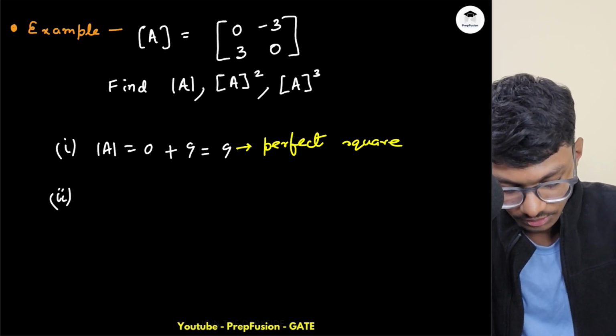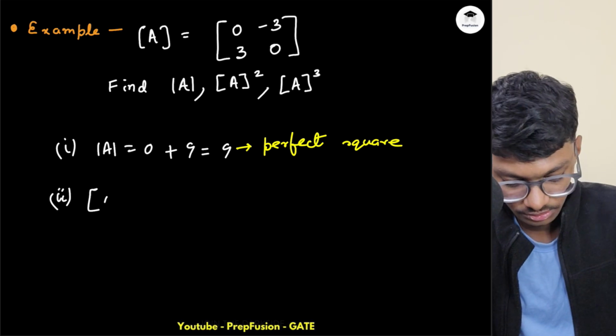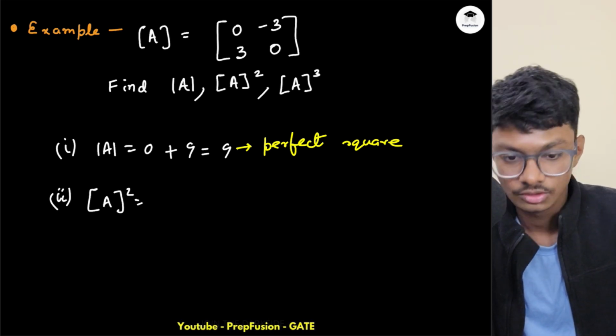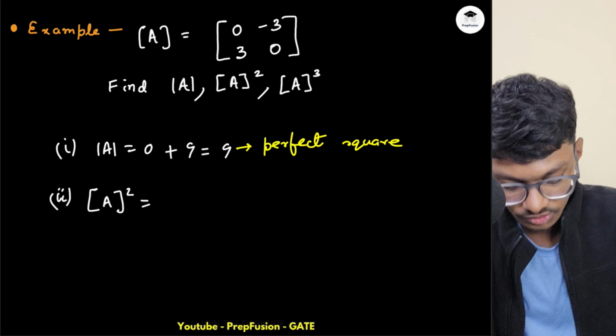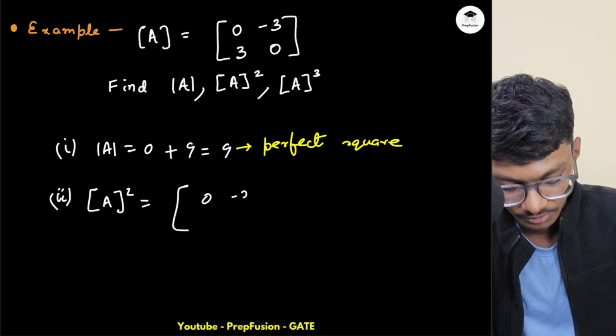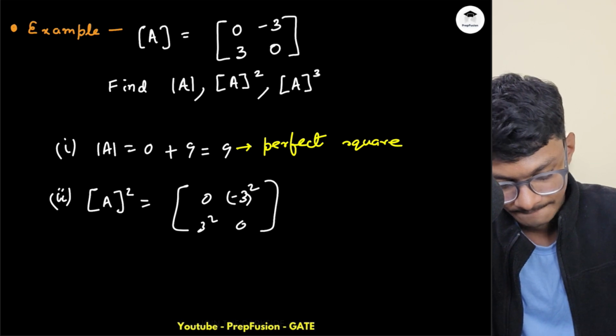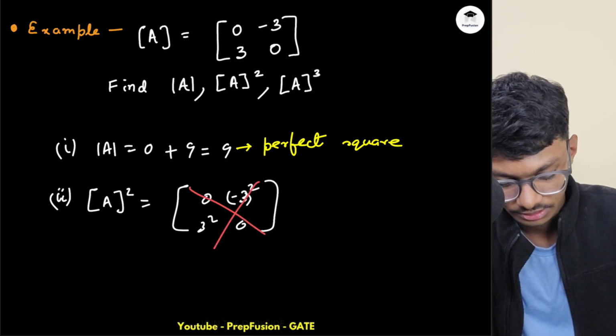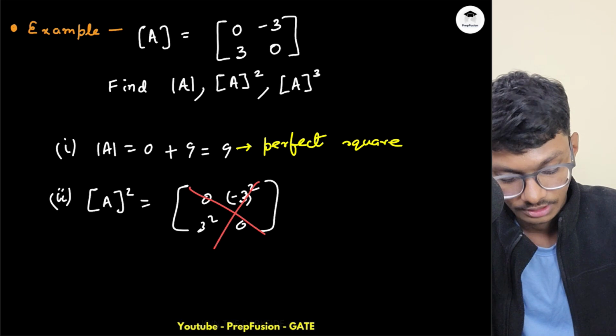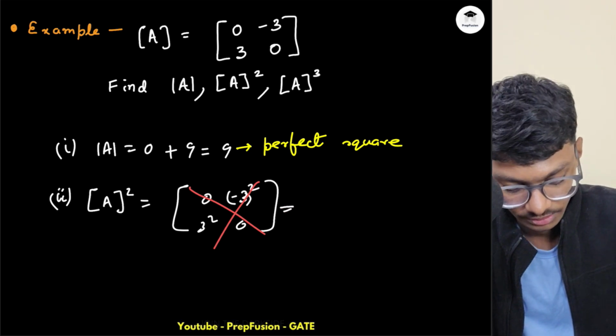Next, the second thing, A square. Don't just do this, that A square is this, right? This will be a blunder. You don't do this. A few people make this mistake.